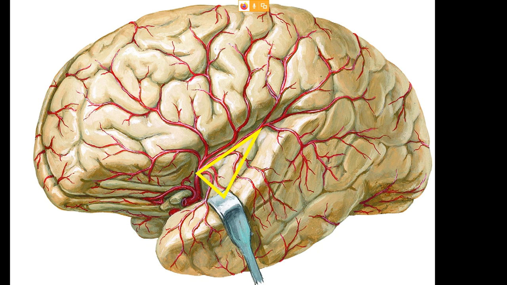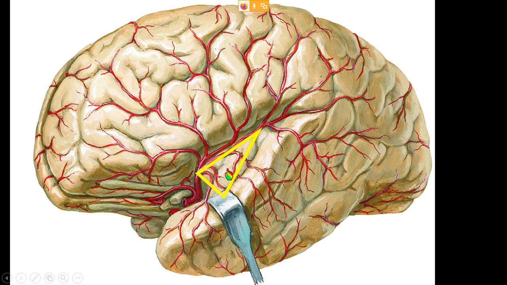Then coming to the insular or central lobe. The insula is a submerged pyramidal shaped cortex. It is situated along the stem and the posterior ramus of the lateral sulcus. We have separated the lateral sulcus in order to see the insular cortex. It is also called the central lobe.